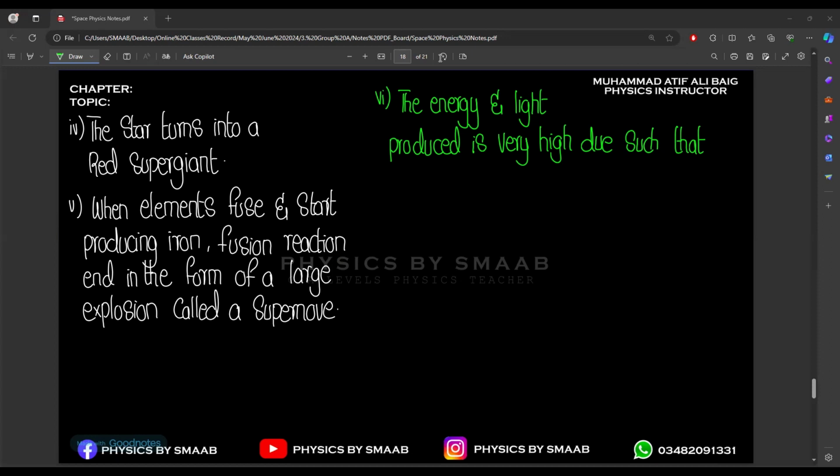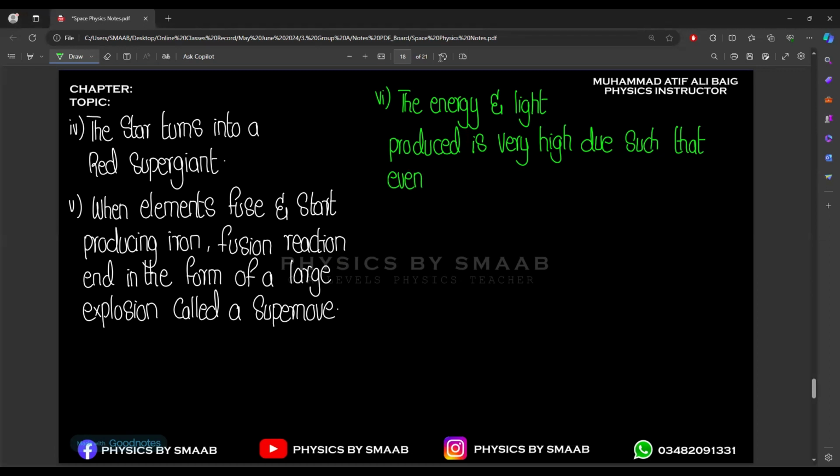So we started from the gas, hydrogen, it fuses into helium, then helium fuses into more heavy elements and it converts into iron, and further iron also starts to fuse into even heavier elements.